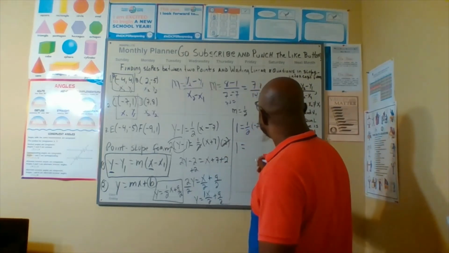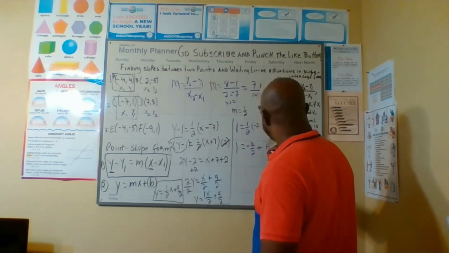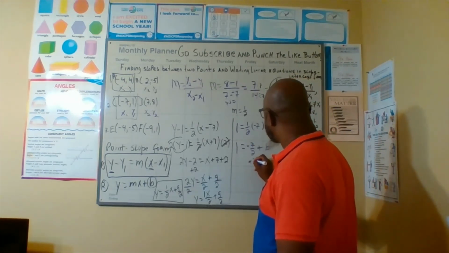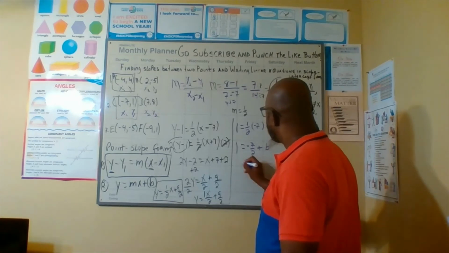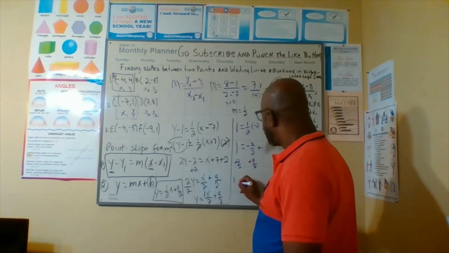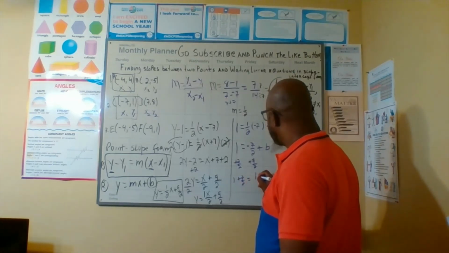When you multiply, that will give you negative 7 over 2 plus b. So we're going to add 7/2 on the other side. All right, 1 plus 7/2 is equal to b.